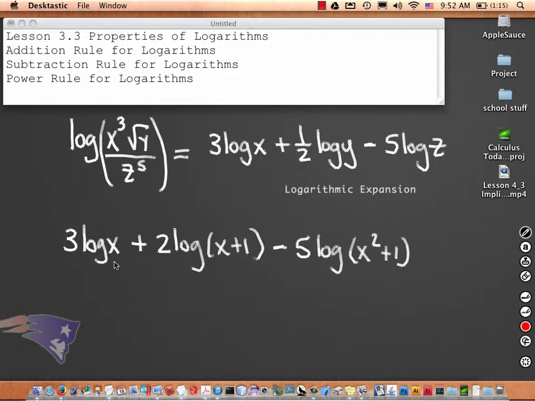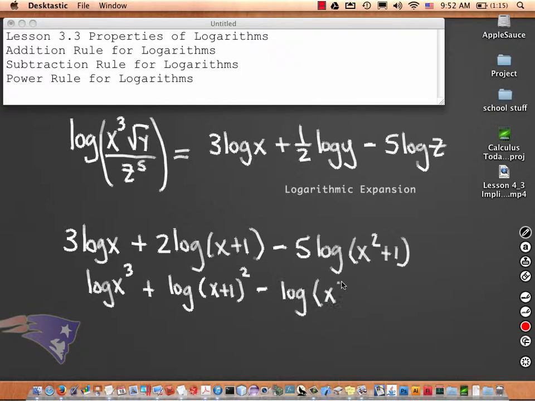Now let's take this and compress. So this right here would become logarithm of x cubed plus logarithm of x plus 1 squared minus logarithm of x squared plus 1 to the 5th.